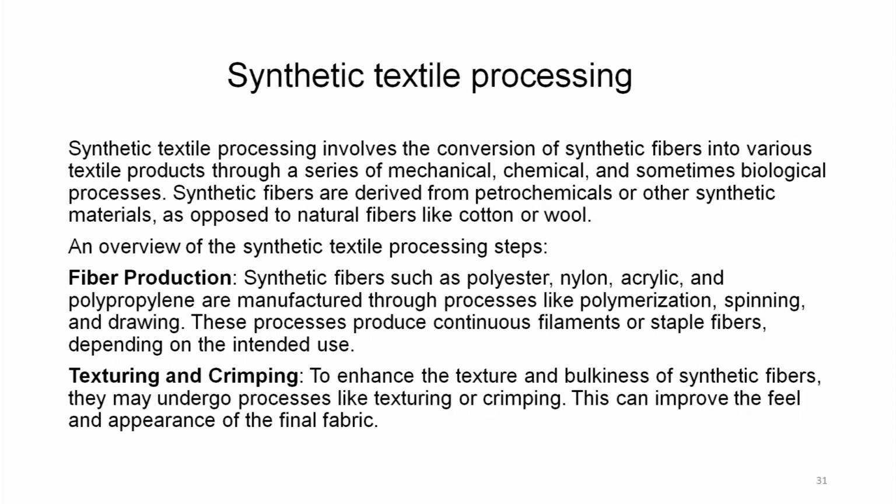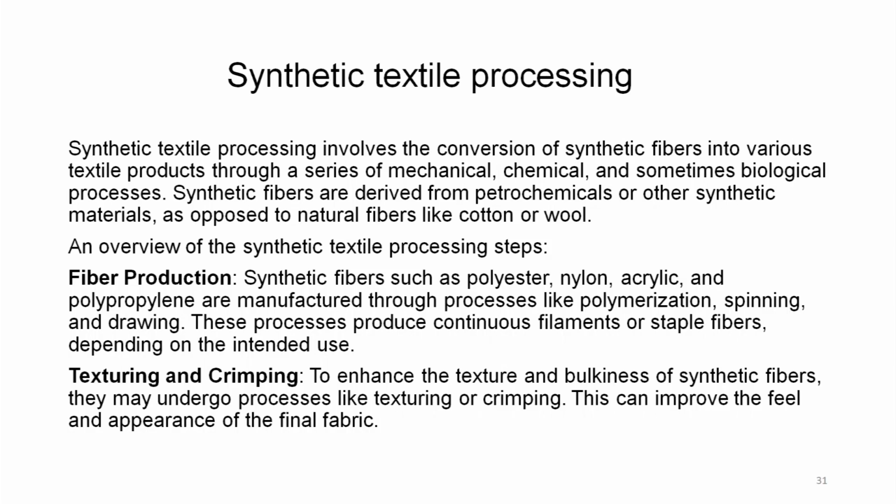Synthetic textile processing involves conversion of synthetic fibers into various textile products through a series of mechanical, chemical and sometimes biological processes. Synthetic fibers are derived from petrochemicals and other synthetic materials, as opposed to natural fibers like cotton or wool.